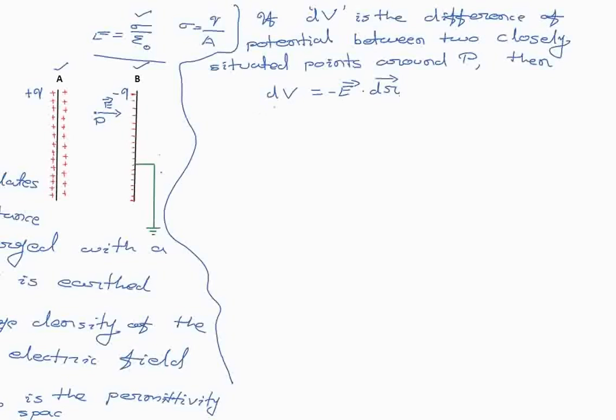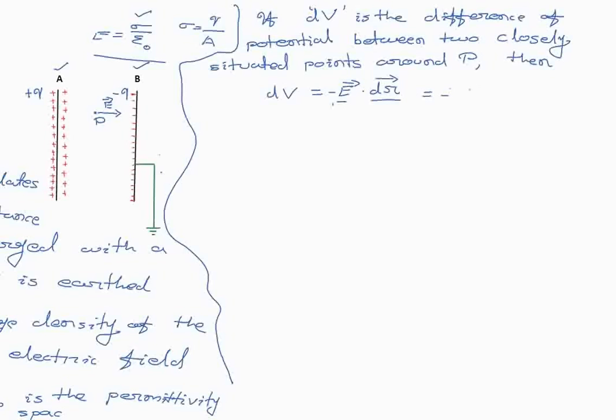So see here, if we move a unit positive charge against this electric field, then the angle between E and dr must be opposite, because we are moving a unit positive charge against the electric field. So the angle between these two vectors will be 180 degrees.